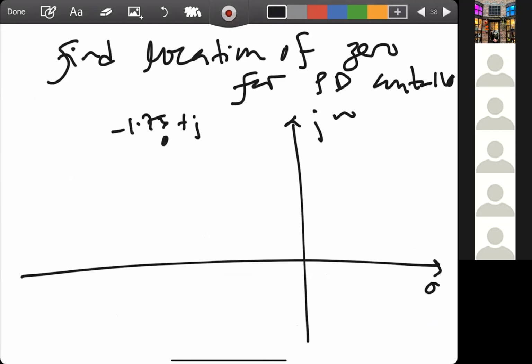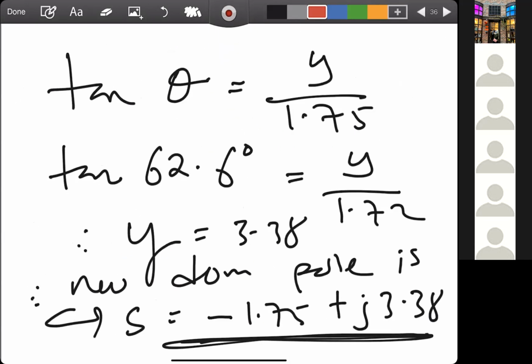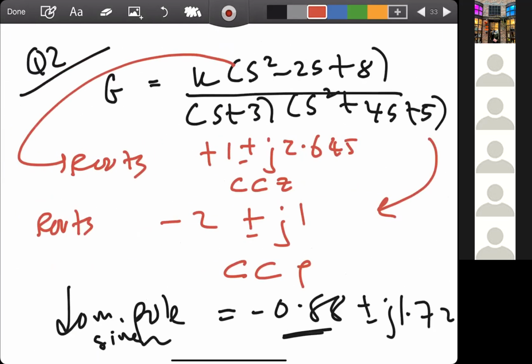1.75 plus J 3.38. Daniel, what is the open loop pole? -3. Okay, again. -2 plus minus J1.